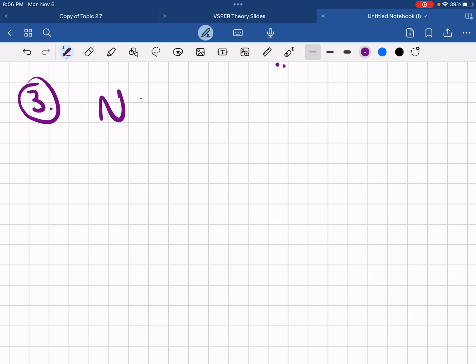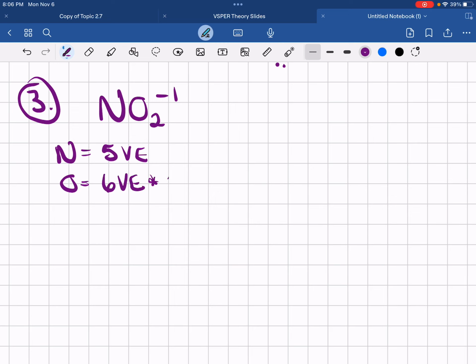So we're going to do the nitrite ion. Okay, I don't know if I've shown you ions. And so when you have ions, the charge is telling you that there are extra electrons. So we have nitrogen, 5 valence electrons. Oxygen has 6 valence electrons.